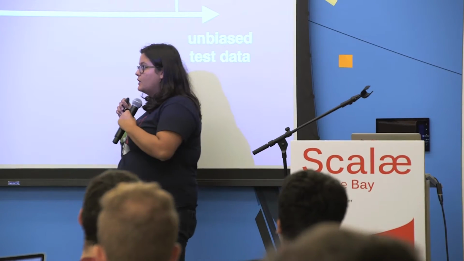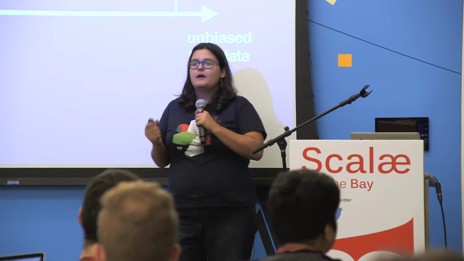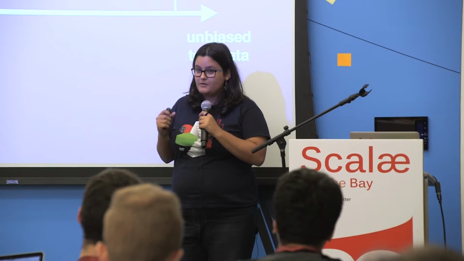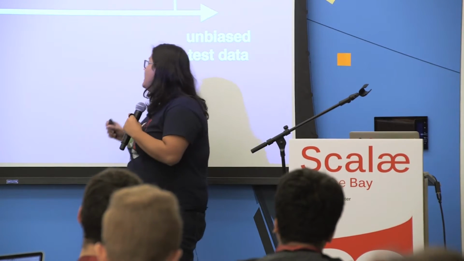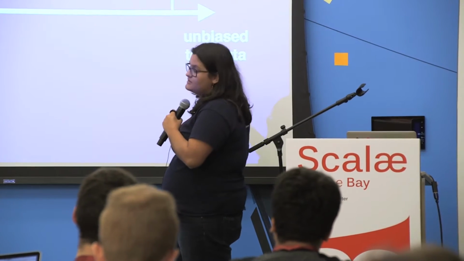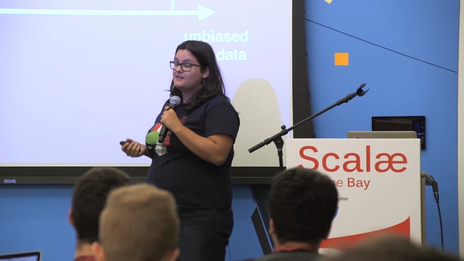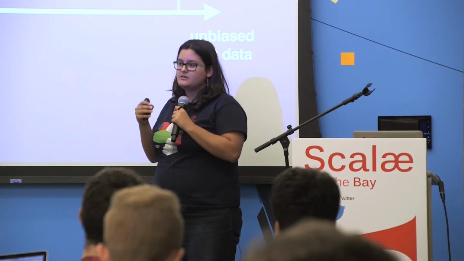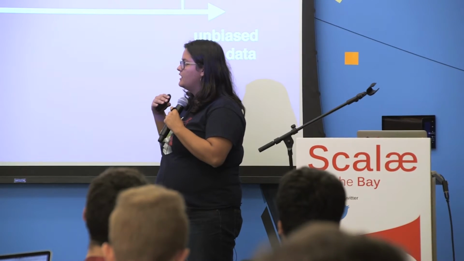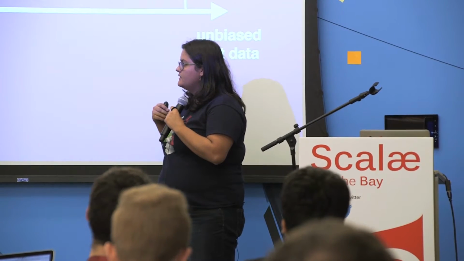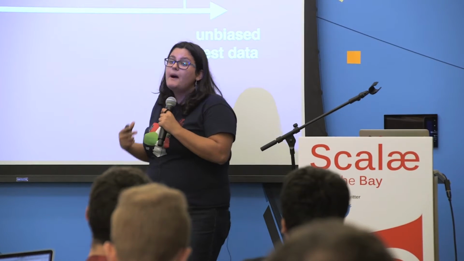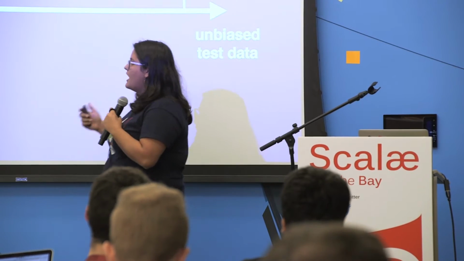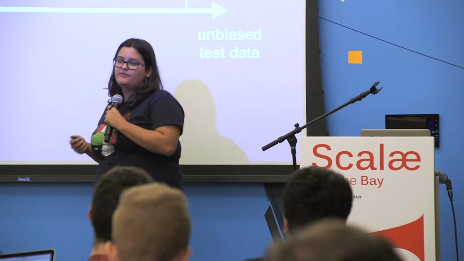And that is OK, but that means that your test data will be completely biased. How many times has it happened to you that a bug was found because you weren't testing that specific edge case scenario?